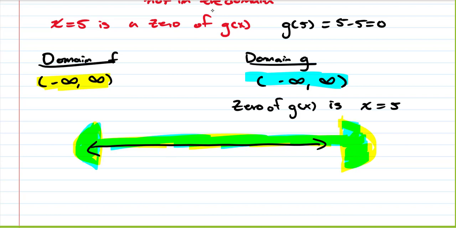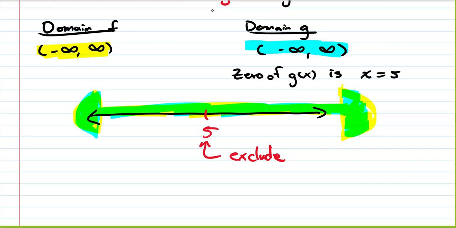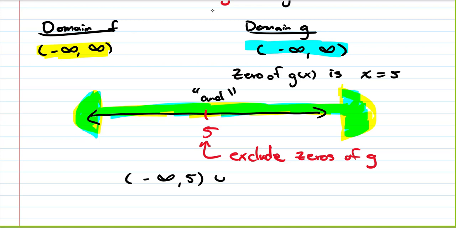But then I have to exclude the zeros of g. So if I exclude 5 from my domain, it's going to be from negative infinity to 5 unioned with 5 to positive infinity. That would be the domain of f divided by g.